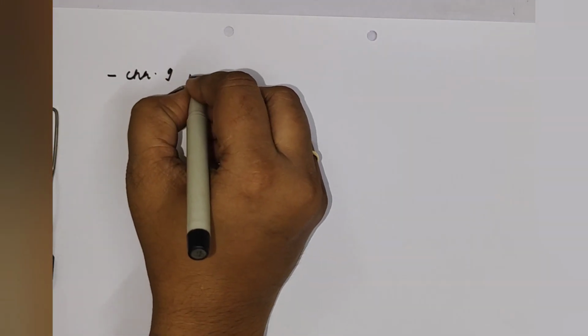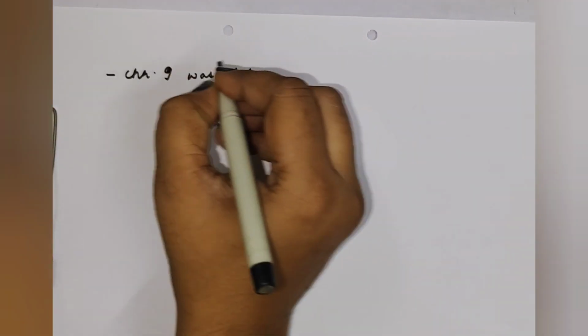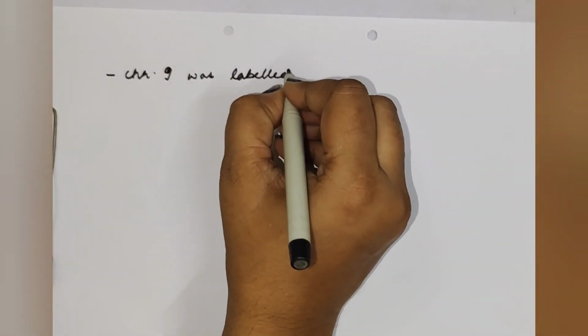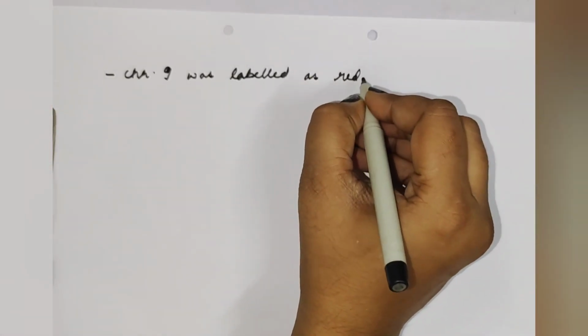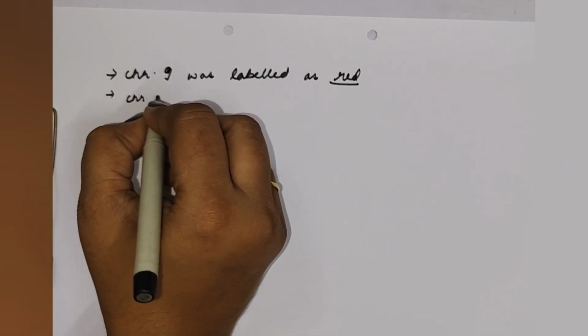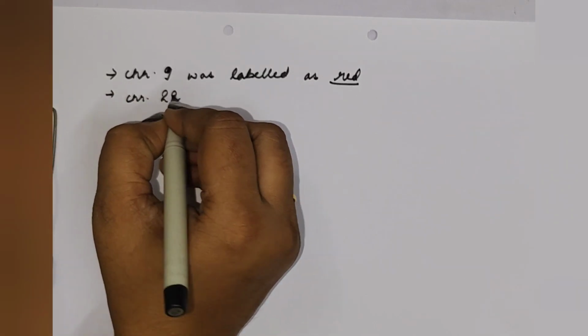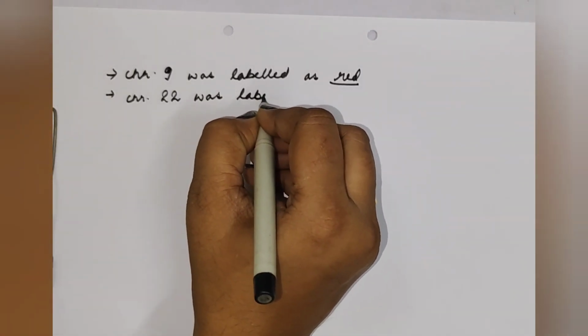The DNA containing the chromosome number 9 region was labeled with red color or the red fluorophore, whereas the DNA containing chromosome number 22 was labeled with green fluorophore.